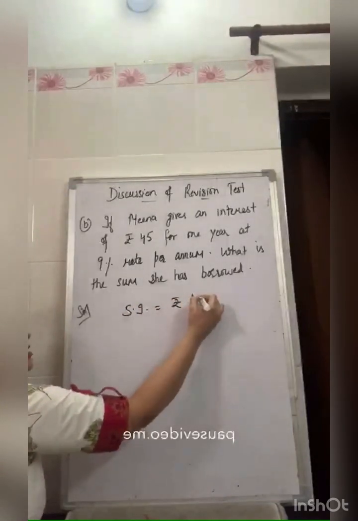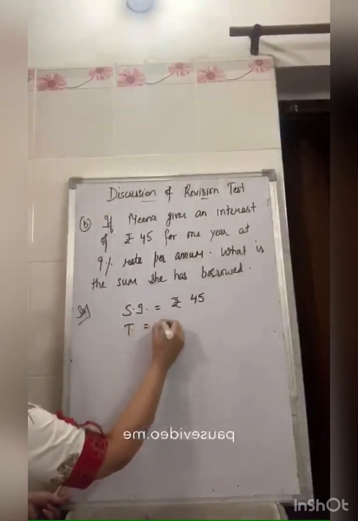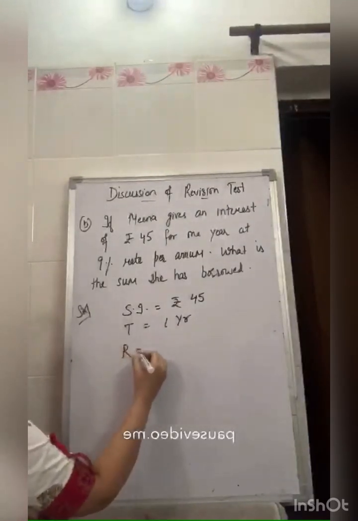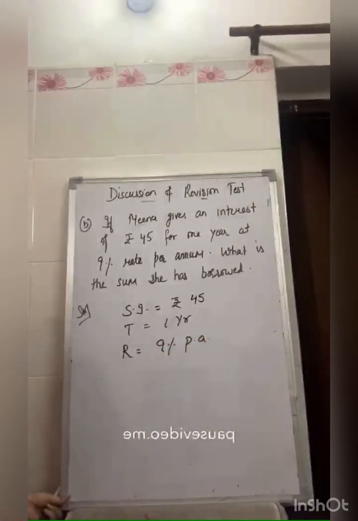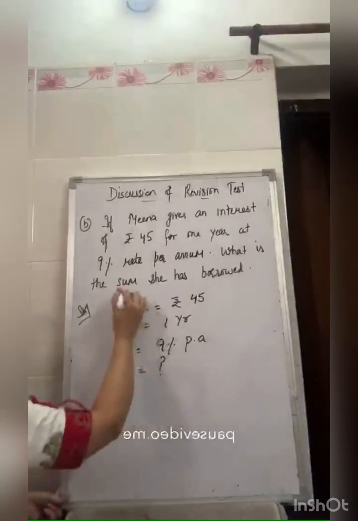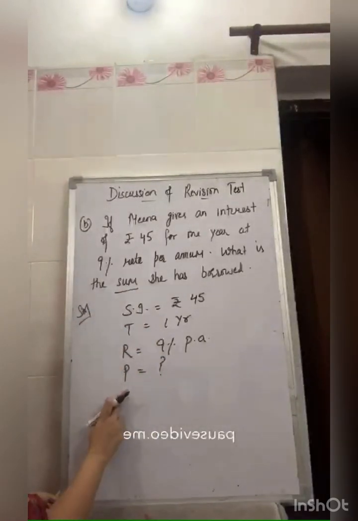Simple interest is given to us, 45 rupees for 1 year. Time is 1 year at the rate of 9% per annum, means rate is 9% per annum. Per annum means per year. What is the sum? Sum means principal. Right, now we have to find the principal.